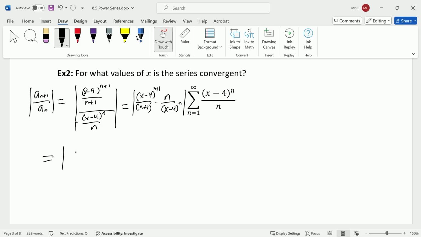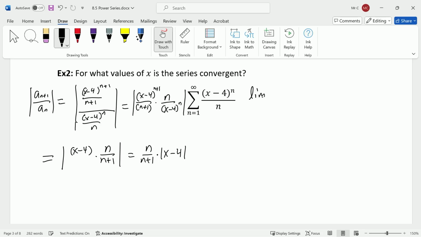We get the absolute value of x minus 4 times, so I canceled the n factors of x minus 4, and then what do I have left? I have n over n plus 1 here. And I know that n over n plus 1 is positive, so I can pull that out of the absolute value and just leave the absolute value of x minus 4 inside.